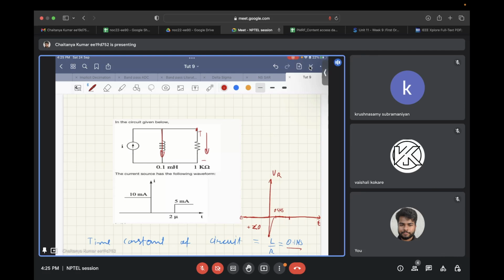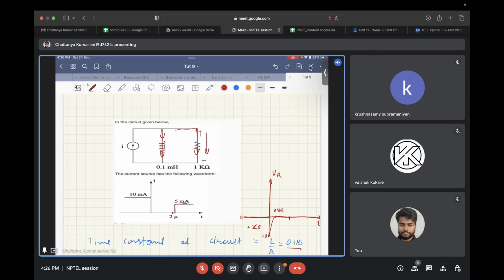Now, when the second transient occurs, till this point the current across the inductor would have become zero, and suddenly there is a jump of 5 milliamps of current in the complete circuit. So that zero current will be maintained across the inductor, and all this 5 milliamps will flow into this resistor. So the voltage across this resistor will become 5 volts.